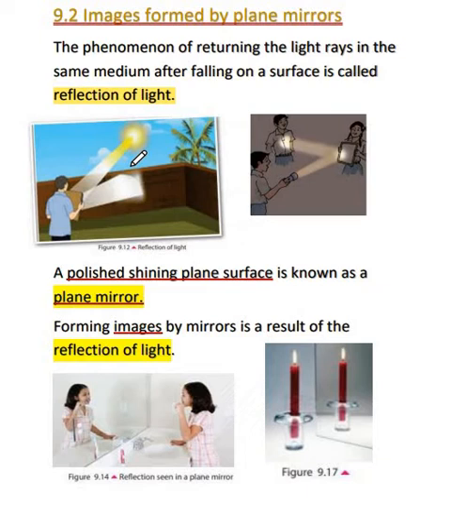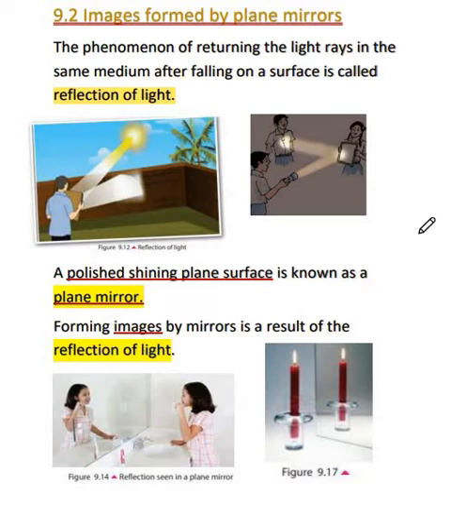As you can see in these instances, when the light is reflected through a mirror or from your watches, what do you all notice about the surface of these objects that reflect the light? You will notice that they all are shining and polished. So these shining and polished planes or surfaces are known as mirrors, plane mirrors.